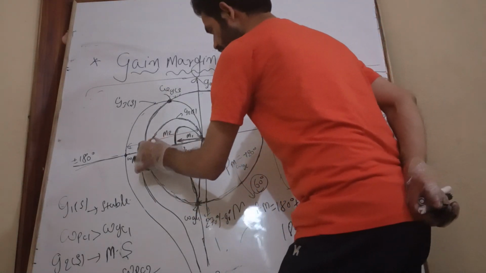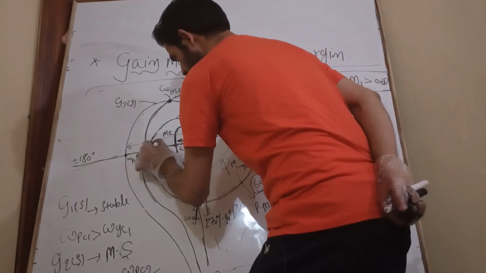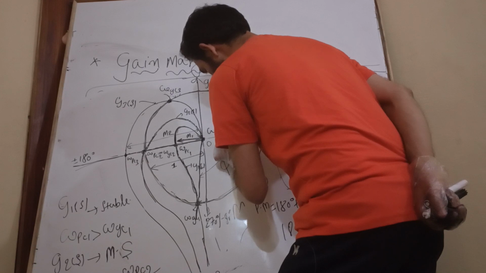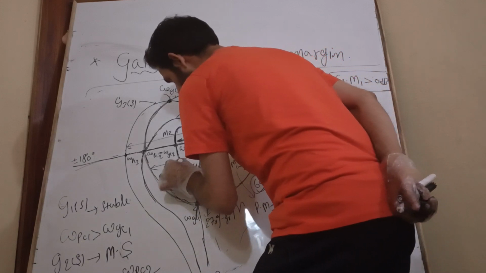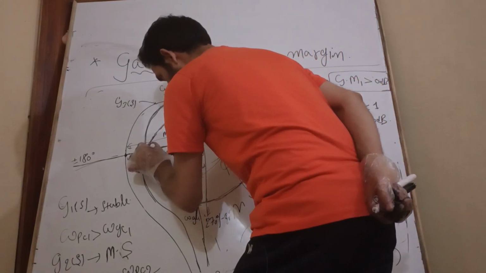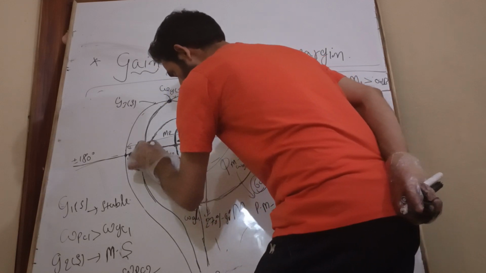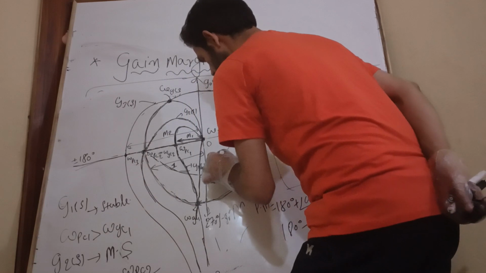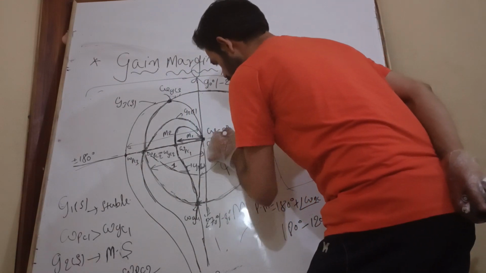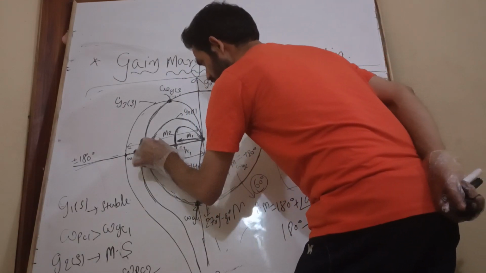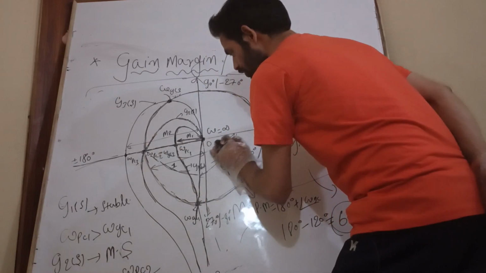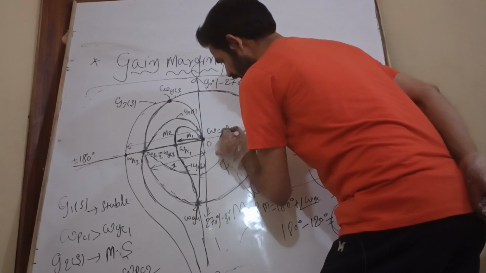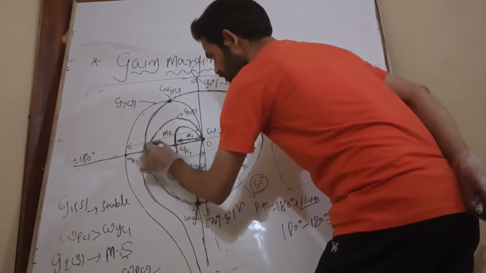Similarly for the next one, if you draw this angle from here to here, where the next curve is cutting, up to this point, it is nothing but 180 degree. I am not drawing this line, otherwise it will get messy.